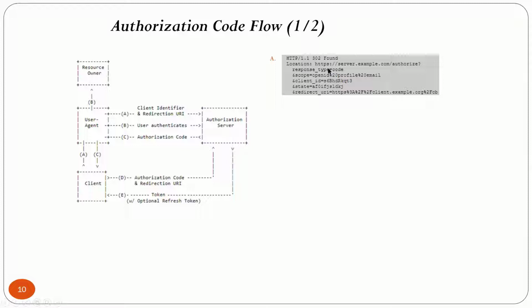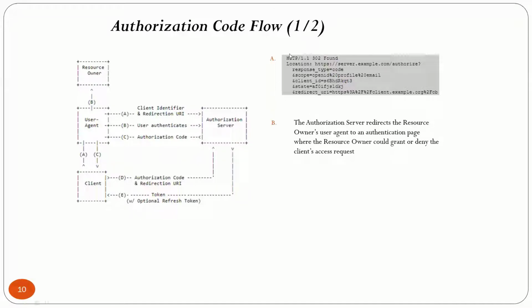Okay. Now, we are passing the redirect URI in the request for some security reasons. And actually, we should make sure that this redirect URI that we are passing in the authorization request matches exactly the one that we have registered on the authorization server.